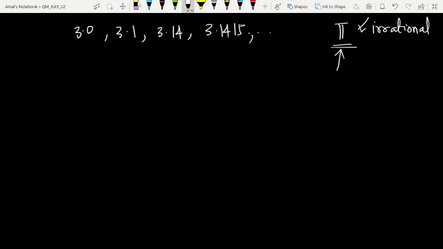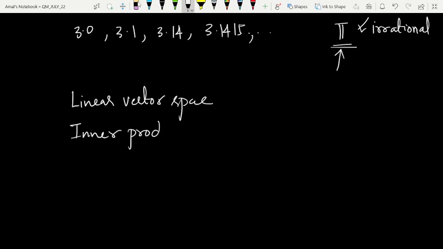Okay, so far what we have learned is the definition of linear vector space, then inner product, then completeness.